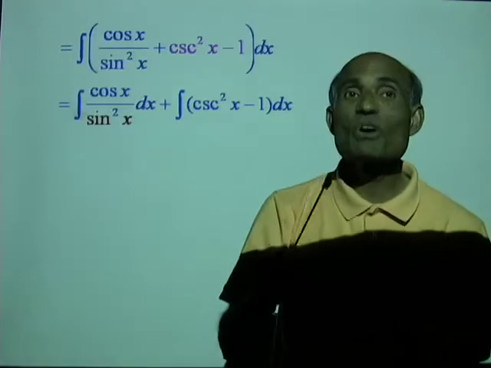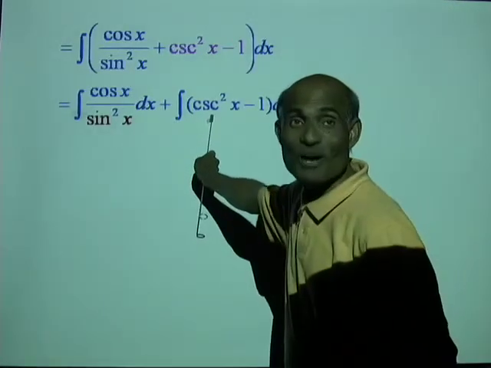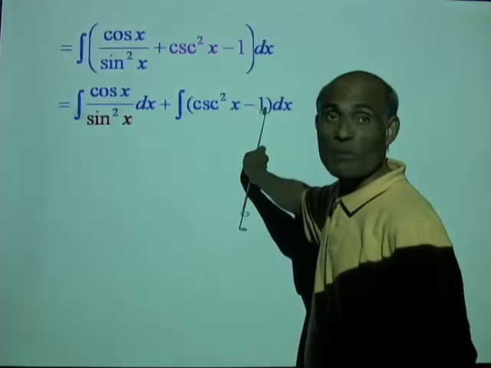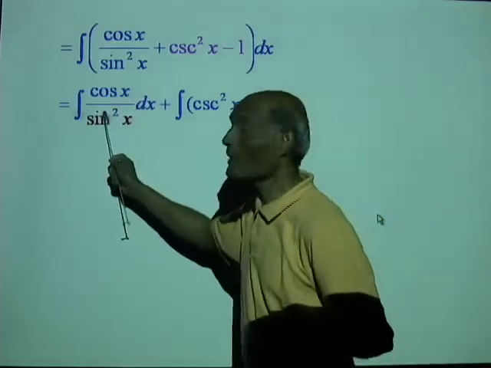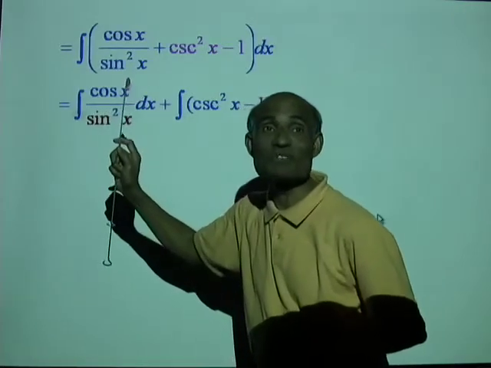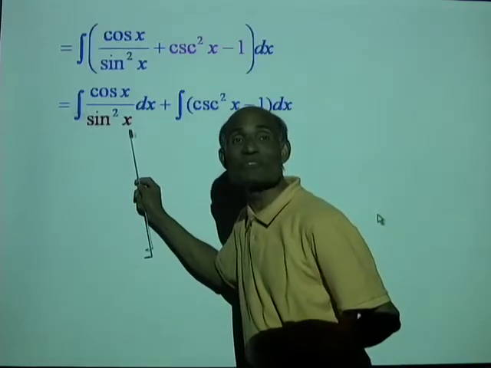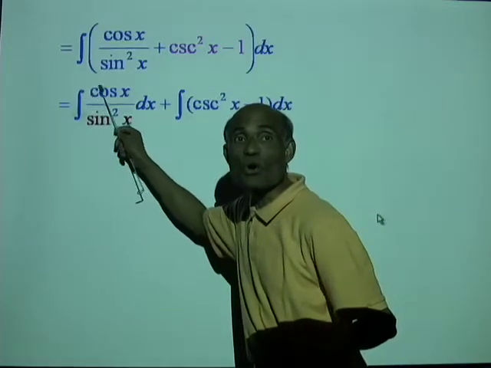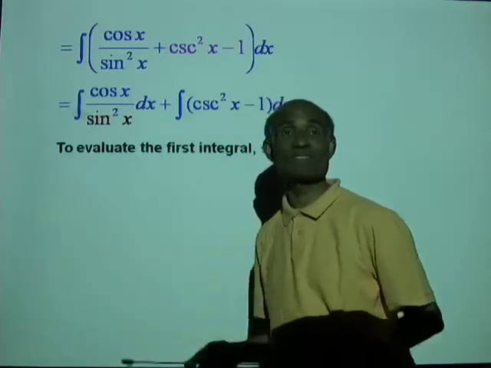It is negative cosecant squared x. Therefore, cosecant squared x can be integrated and minus 1 dx can be integrated. Well, if you look on the left, we can also integrate this by doing a simple substitution. What substitution? We can put sine x equal to u. Then cos x dx will become du. You see how simple it is.